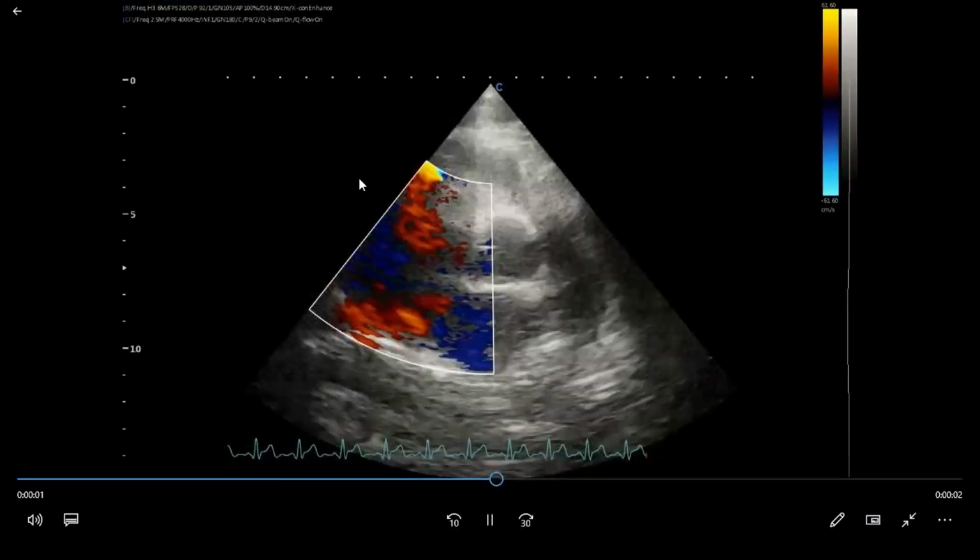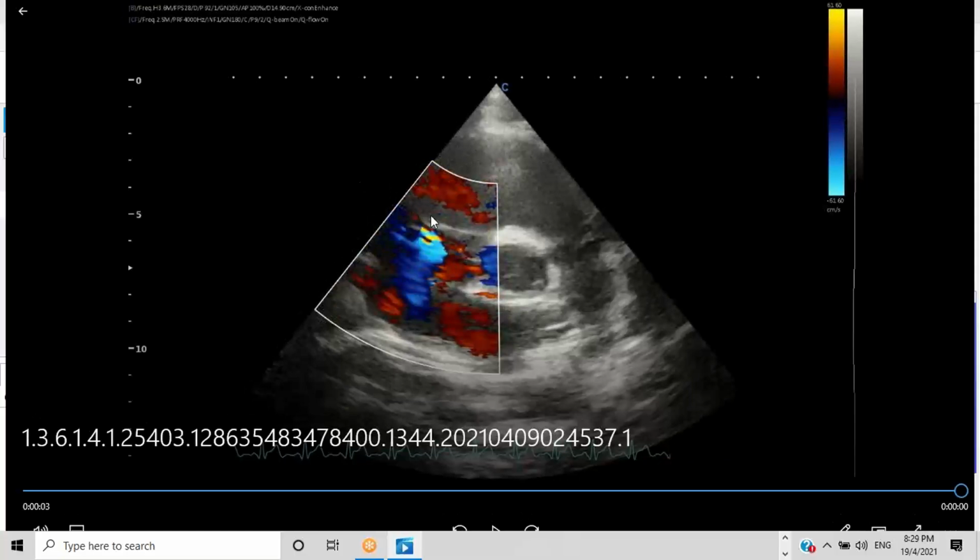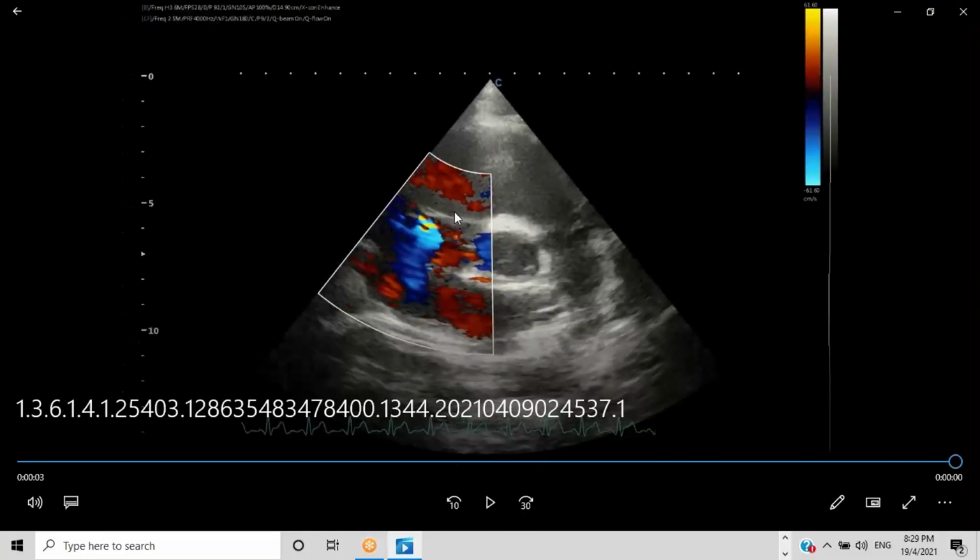Okay, so we put the color across the tricuspid valve, and you see you have this mosaic color right there, or varying shades of blue. So again, blue tells you that the flow is away from the transducer.